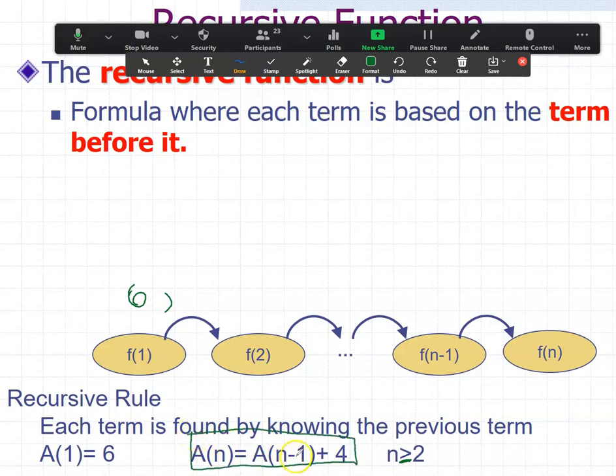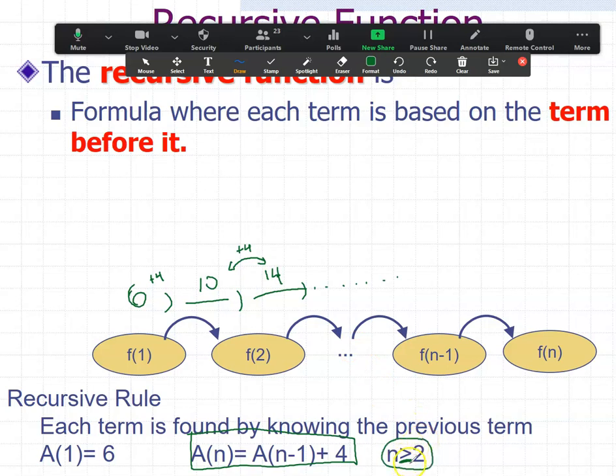The rule is saying you're going to take the previous number and add 4 to it. So if you want to know this number, the previous number was 6, so you add 4. So it would be 10. And you'll repeat the pattern. You want to know this number? Then look at 10 and add 4. So that would be 14, and so on.